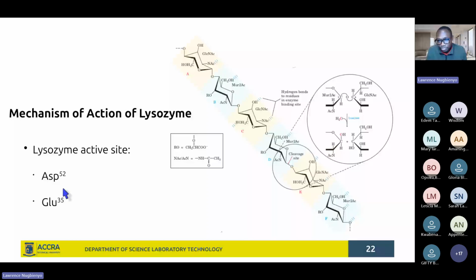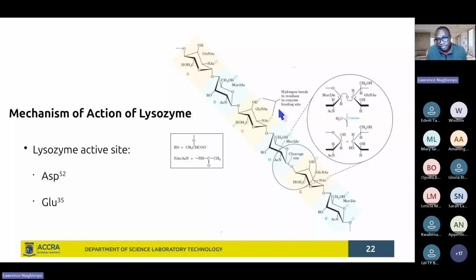So we see hydrogen bonds to residues in the binding site. So in the binding site are the aspartic acid and the glutamic acid that are having some hydrogen bonding on one of these hydroxyls. That's going to be on carbon number 3, and with the N-acetyl group, which is on that N-acetylglucosamine residue.